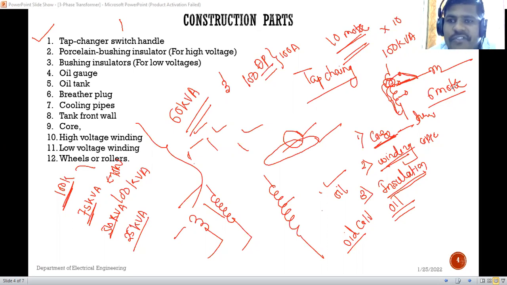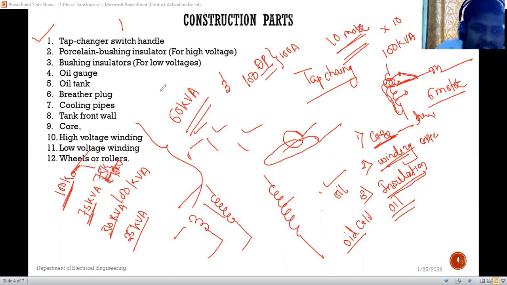No, sir. If we change the tap, that means suppose 100 kVA लोड देण्यासाठी पहिला माझा टॅप जर 0 to 100 ला असेल, so this tap can be changed to 75 kVA. So this situation can be done on load condition. ऑन लोड कंडिशनला ही ऍक्शन परफॉर्म केली जाते.